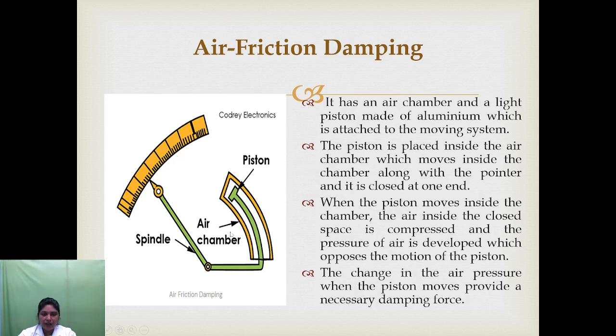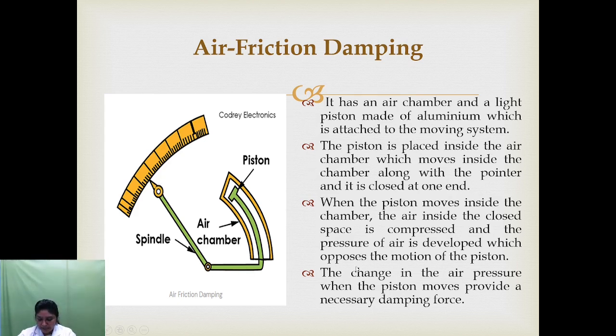The same thing applies to liquid friction, where oil is used as the fluid. The oil is filled in, provides friction, prevents the oscillation of the pointer and helps the damping process.